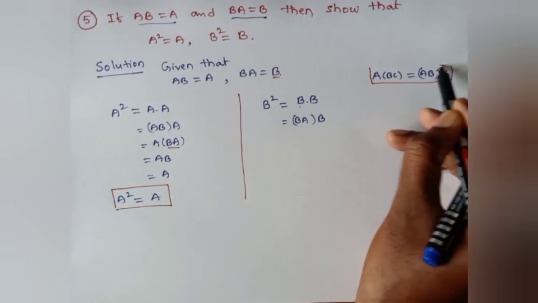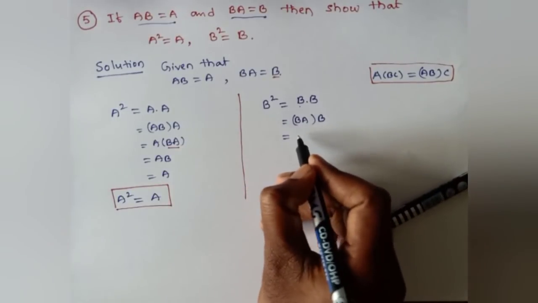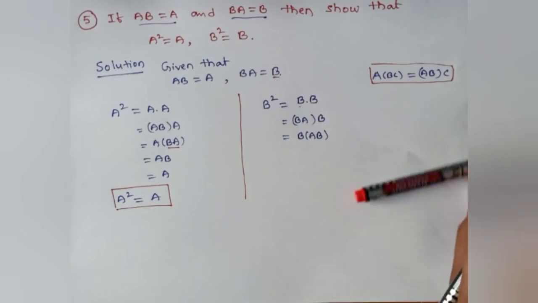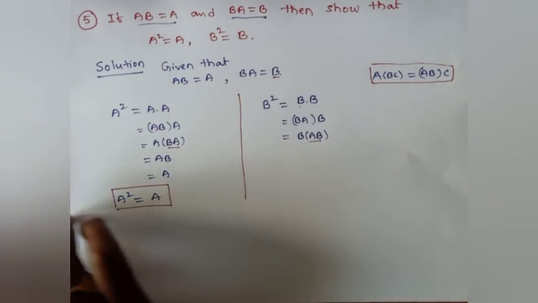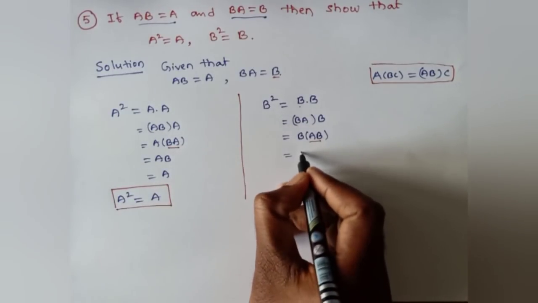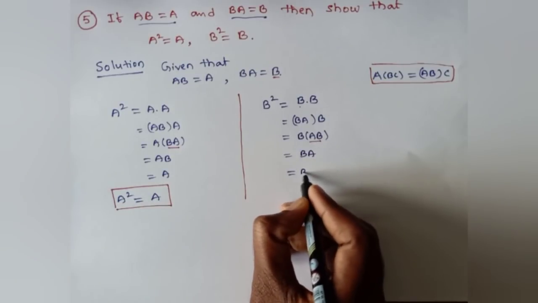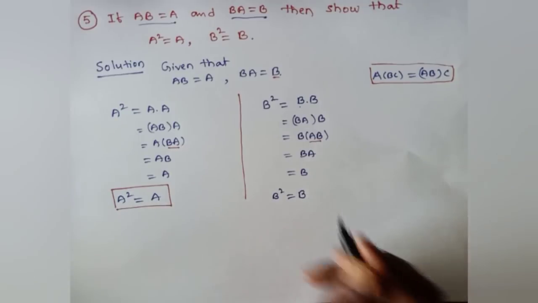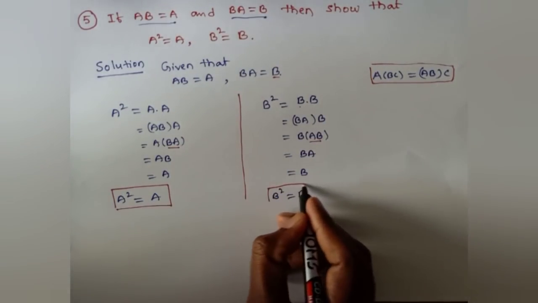Therefore we can write BA of B equals B of AB also. This AB can be replaced with A and BA with B. Therefore B square is equal to B. Hence proved.